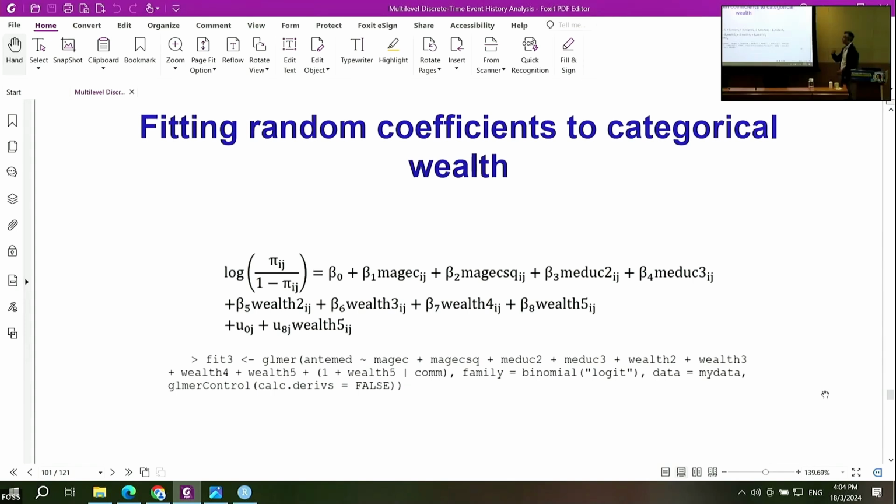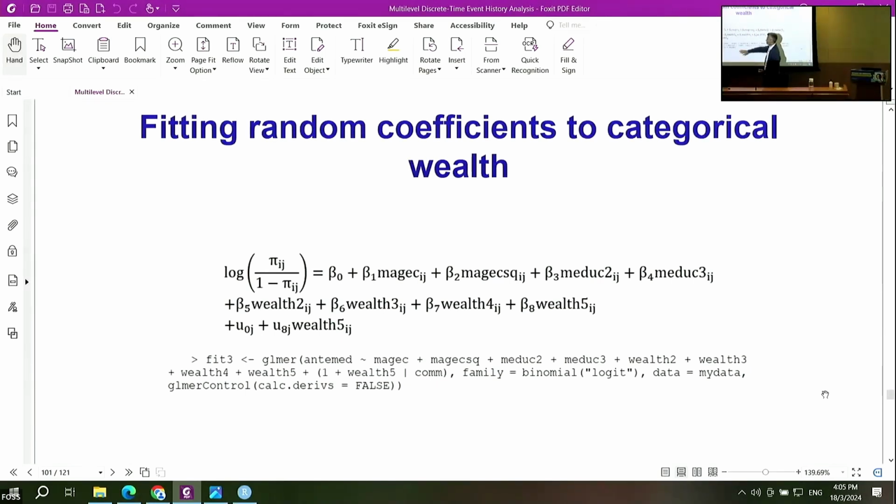Oh, but before doing that, we used wealth as a continuous explanatory variable, but we could also have used wealth as a categorical explanatory variable. Yeah, wealth has 5 categories, 1 to 5. So in this model, instead of treating wealth as continuous, we treat wealth as a categorical variable, and we also have a random coefficient for the most wealthy mothers.